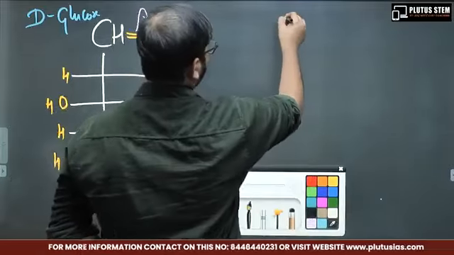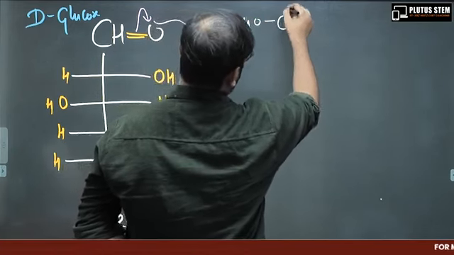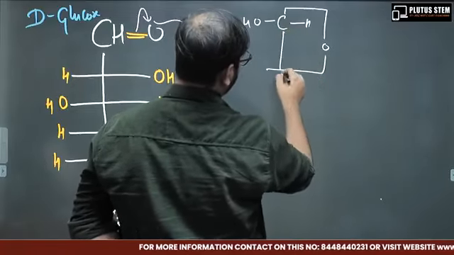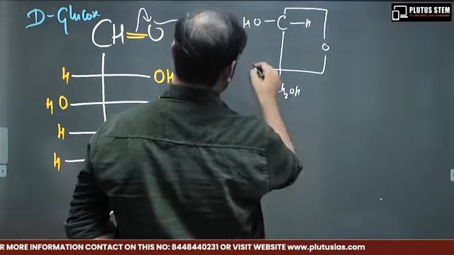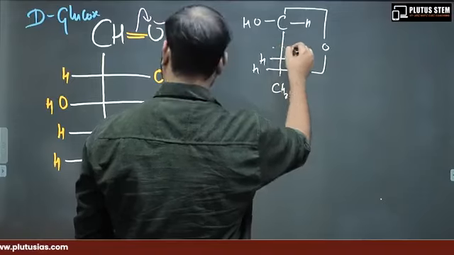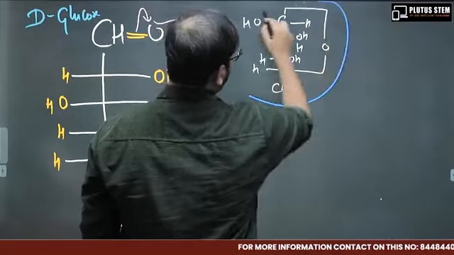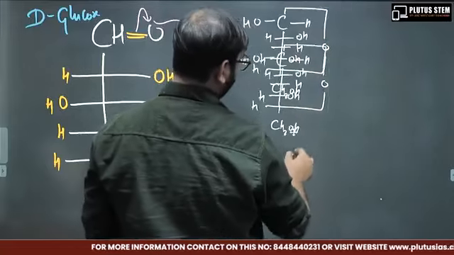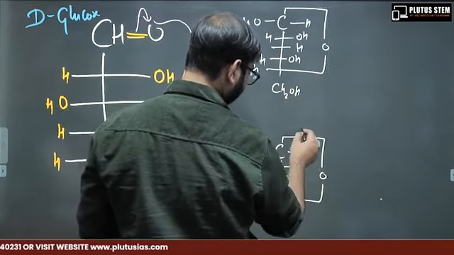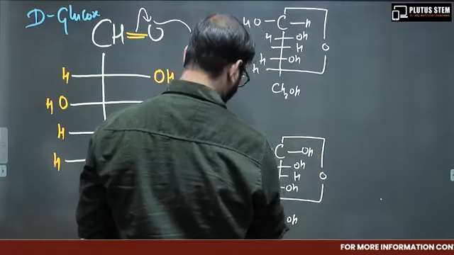First, the OH can be outside of the ring and the oxygen remains bound with carbon at the fifth position, CH2OH, H, and the rest of the molecule remains unbothered, OH, H, OH, and H. The other option is I can have the exact same molecule, but the OH may also lie inside of the ring.